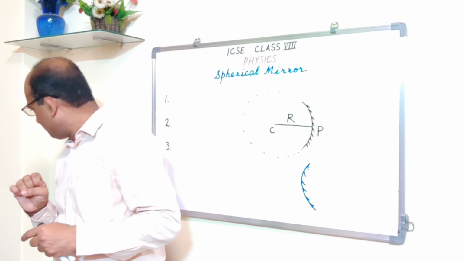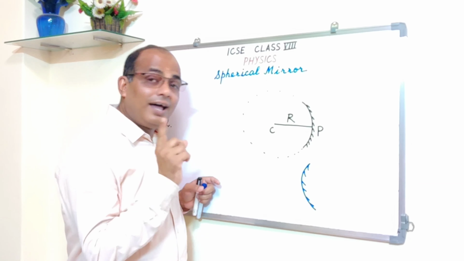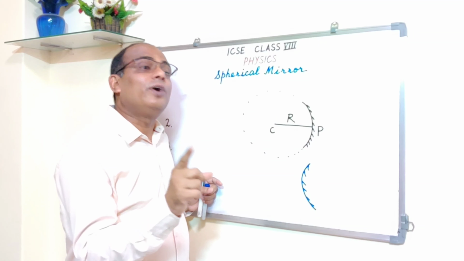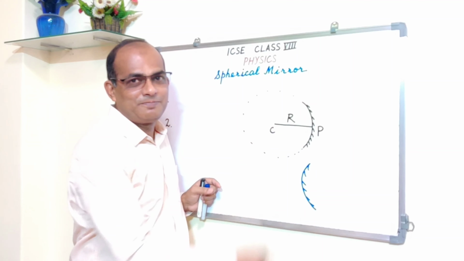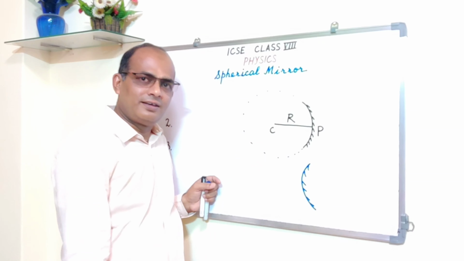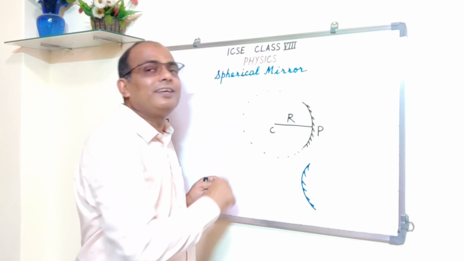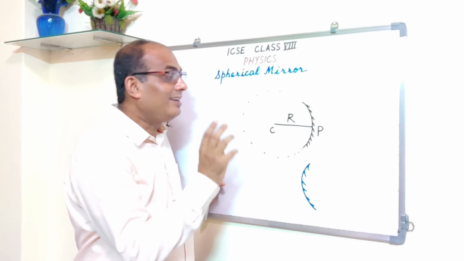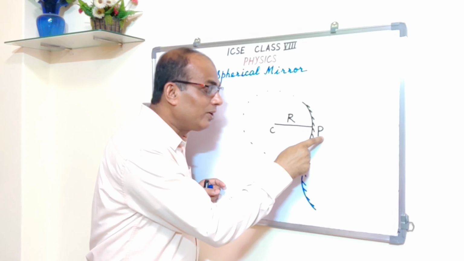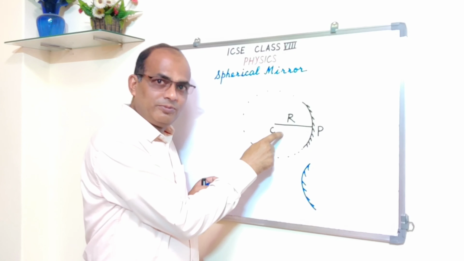Then next is principal axis. The line joining P and C is called the principal axis of the spherical mirror. In this case, the principal axis of the concave mirror. That means the line joining the pole of the concave mirror to the center of curvature of the concave mirror.